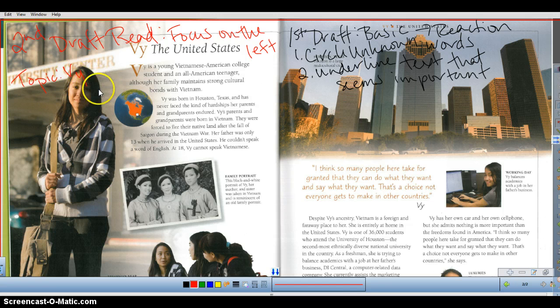Okay? And we could also look at the fact that she is a young Vietnamese American college student, and it talks about the fact that she's all American but has strong cultural bonds with Vietnam.